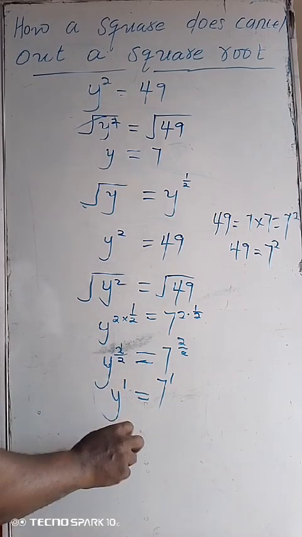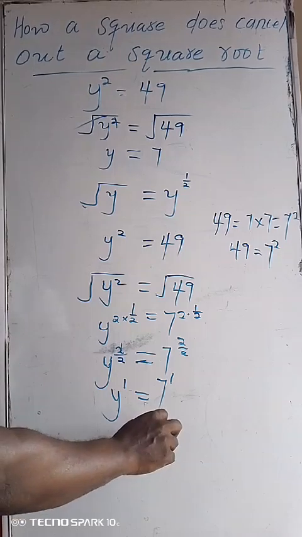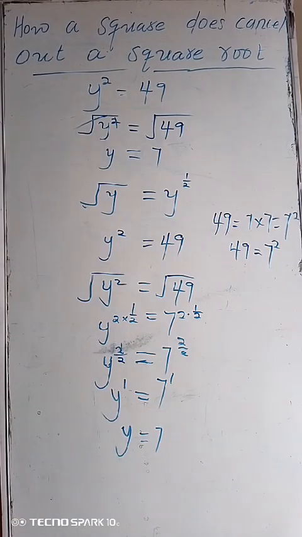So y is equal to 7. Basically, this is what is happening when we say square root both sides, where we normally use the square to cancel out the square root. This is the secret behind it, and it's interesting. Thank you.